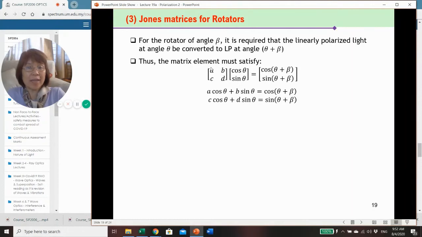So we need to find the elements for the Jones matrix that represents the rotator. If you write the algebraic equations to represent this, then we have A cos theta plus B sine theta equals cos of theta plus beta. Writing the other one, C cos theta plus D sine theta equals sine of theta plus beta.